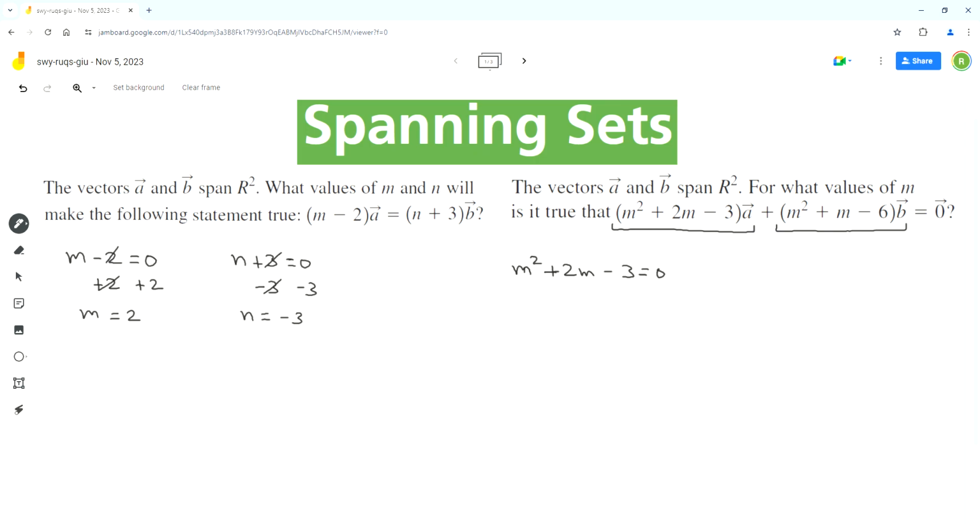We have to solve this equation. If we find the M value that will make this coefficient M square plus 2M minus 3 equal to 0 and M square plus M minus 6 equal to 0, that will be the M value that will make this vector equation true. We can solve this equation by doing simple trinomial factoring.